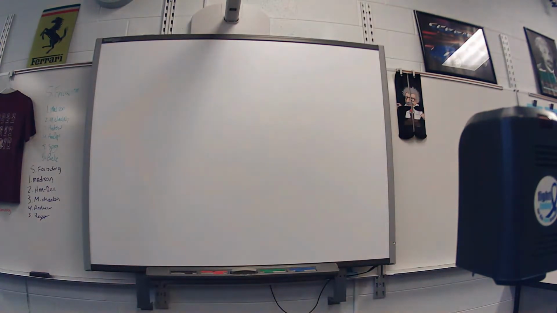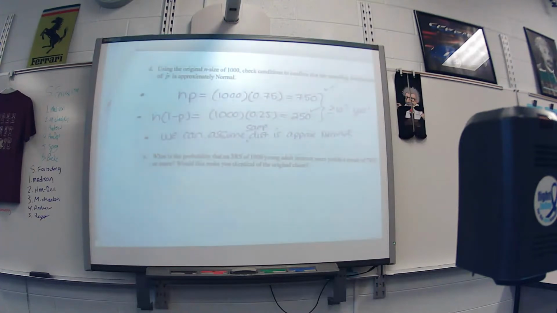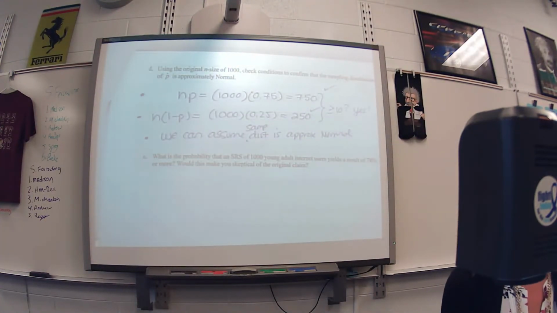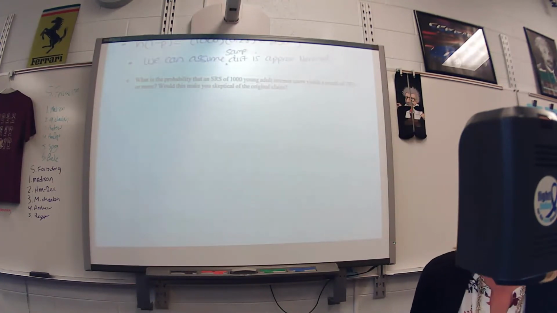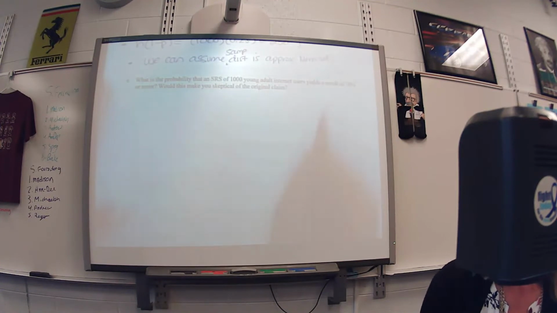Now, why do we care about normality at all? Well, we care about normality because it allows us to use z-scores. So now it says, what is the probability that we get a result of 78% or more?